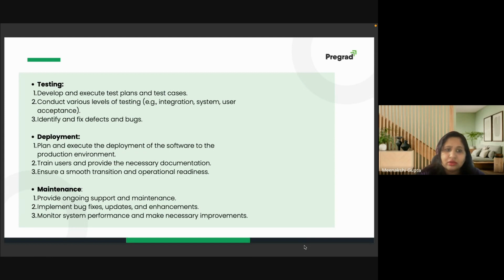Again, the same things. These are all the key phases apart from only one, which is retrospective. Now, what is a retrospective? As I said, generally a 15-day cycle is followed. In between those 15 days, planning of the next 15 days has to be done, and there also has to be a retrospective of the previous 15 days, right? What we did, how we did, what we did in a correct manner which we should follow in the future, and what we did badly, from which we are learning something.